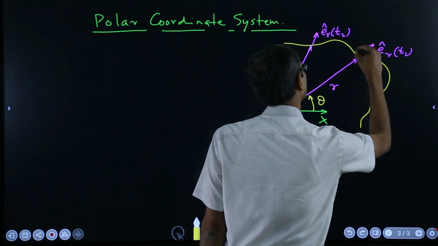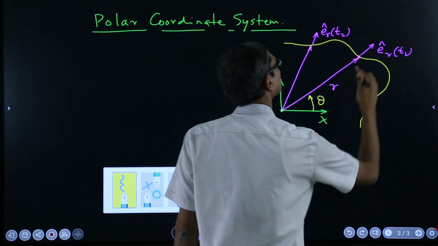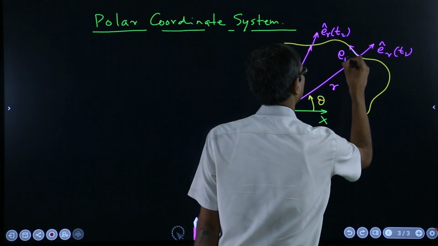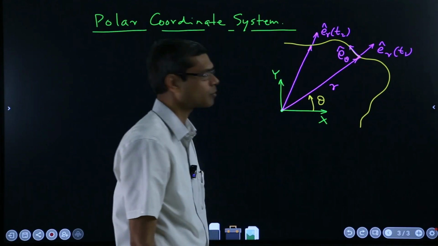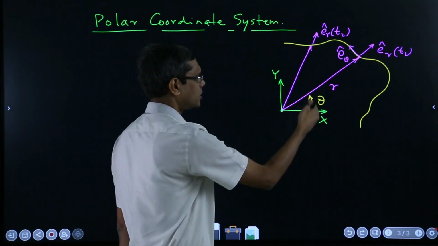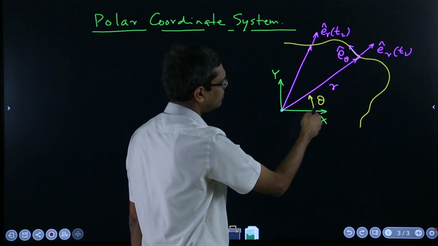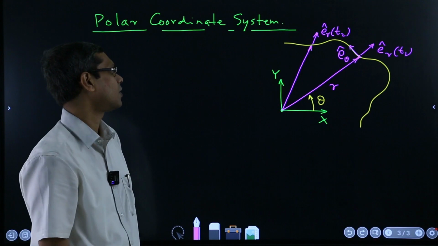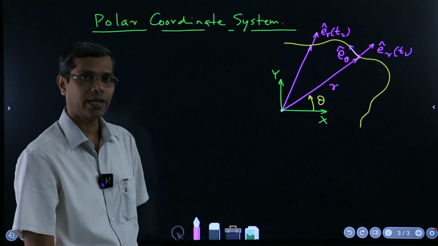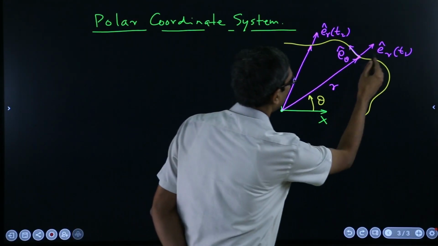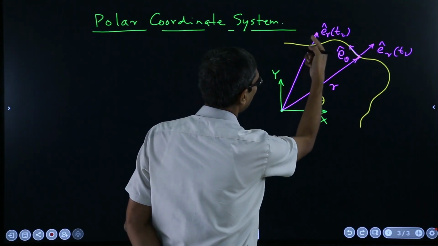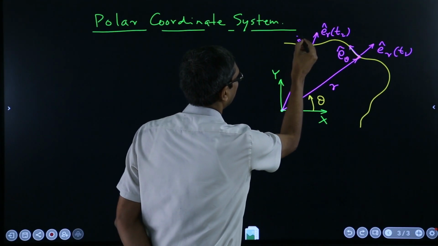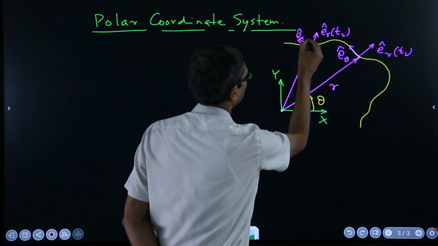We define the other unit vector, and we call this e_theta in this direction. Okay, the positive direction of that is the direction in which we measure this angle theta. So that is how we define e_theta. Okay, so these are two unit vectors. For example, when we come here, e_r is defined like that, and we draw a perpendicular to that, and e_theta is defined like that.